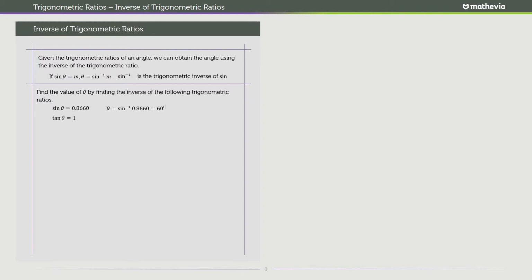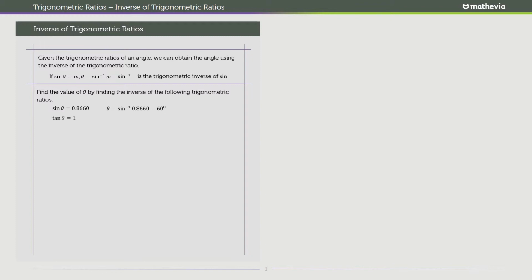You press shift and then sine, and it will write that as sine inverse. Then you put the digits you're looking for, and it will give you the value for the angle.